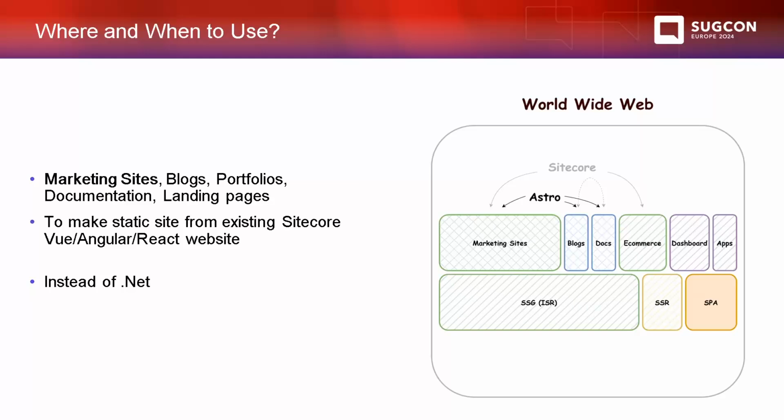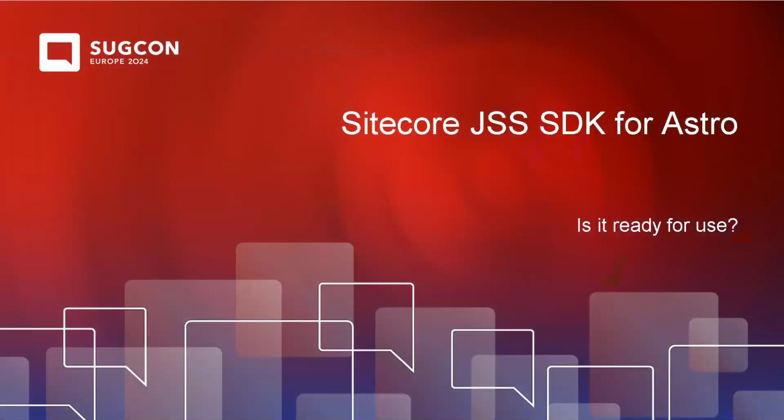Another case is when you have some complex front-end integration, for example, algorithmic search. It might be easier to make something custom without the web frameworks because of their compatibility.